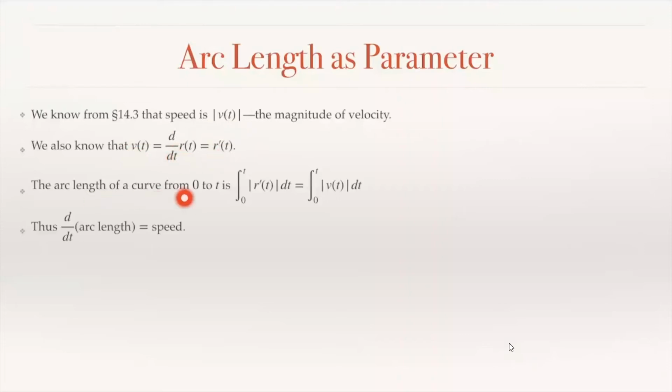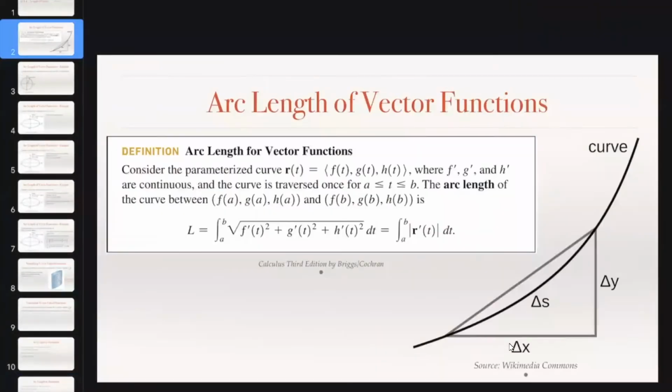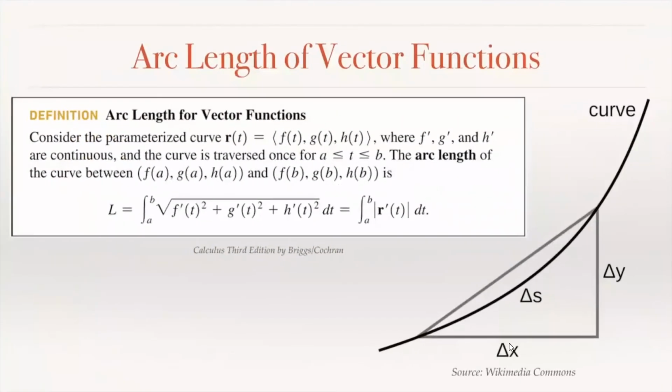And the arc length of a curve from 0 to t is the integral from 0 to t of the speed dt. Remember that this first part here comes from this formula here. This whole thing, the integrand, is the square root of the sum of the squares of the components of r prime of t, as we saw. And thus arc length is the integral of speed.